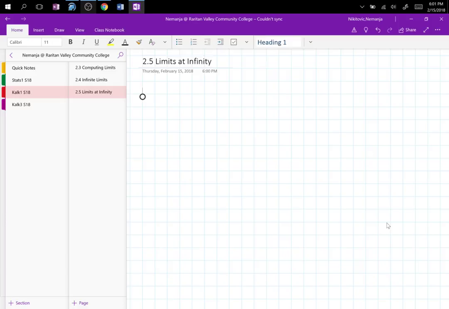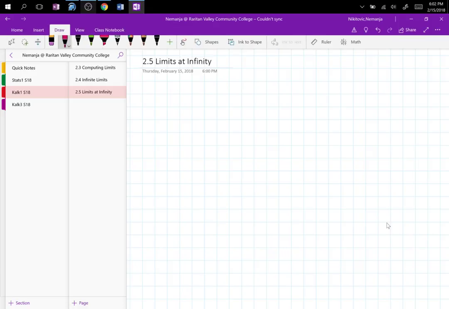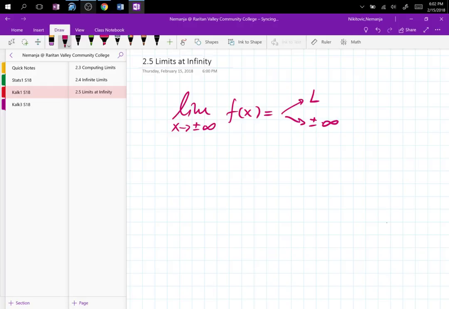Now, for limits at infinity, we are looking at problems of this form: limit as x goes to either positive or negative infinity of f of x, to give us either a finite value L or one of the infinities as the answer. So this is what we are dealing with in 2.5.